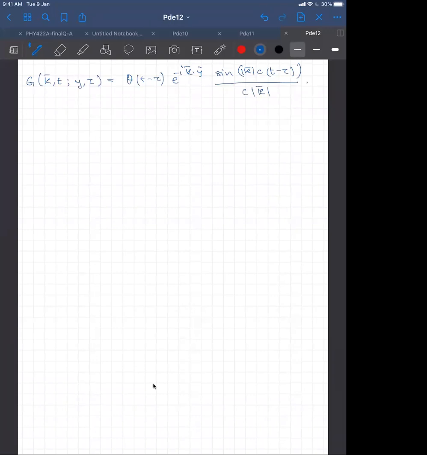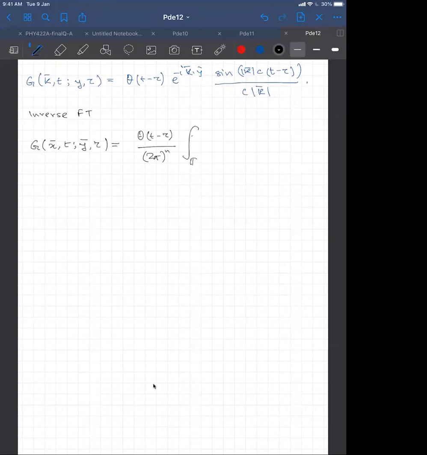So to recover the Green's function, we need to compute the inverse Fourier transform. So what we get is g of x, t, y, tau. Put this theta outside. Is it 1 over 2 pi to the n?